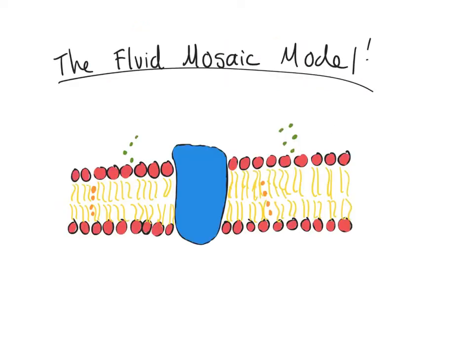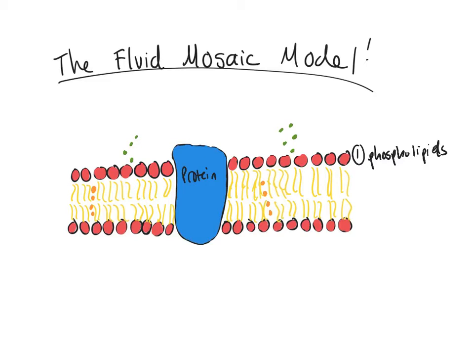Putting all of these pieces together is called the fluid mosaic model, because it is many different pieces that come and make one picture. And you can see we've got our phospholipids here, which are making up our lovely bilayer, hydrophobic in the middle. And we've got our lovely protein, which is going to allow polar molecules to travel in and out.